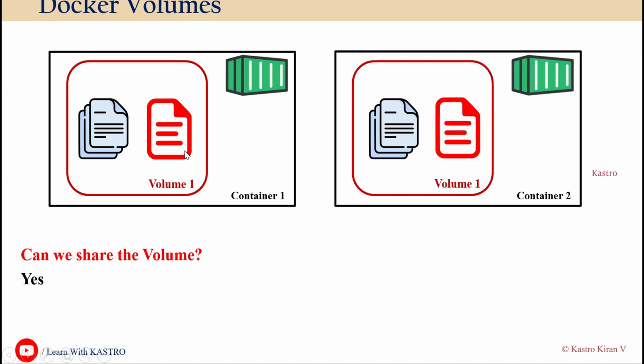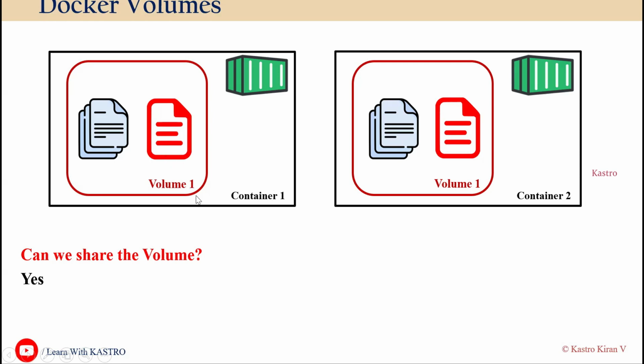The reason is very simple: both containers have the same volume. If the volumes are different, then there is no problem; the data inside each volume will be different. Since volume 1 is being shared between container 1 and container 2, whatever data you keep in container 2 of volume 1, the same data will get shared into container 1 volume 1.